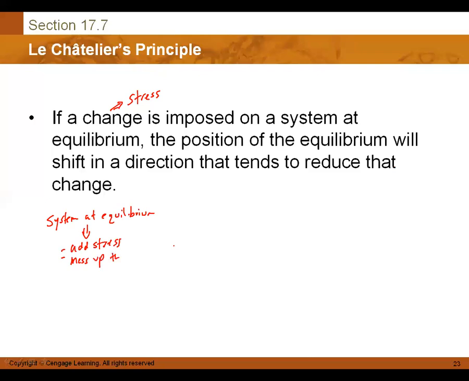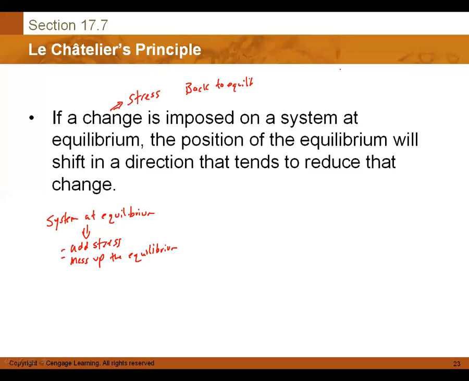What that means is, because of whatever you just did, you no longer have the rate of the forward reaction equaling the rate of the reverse reaction. The system wants to get back to equilibrium, and in order to do that, there are really 3 options.